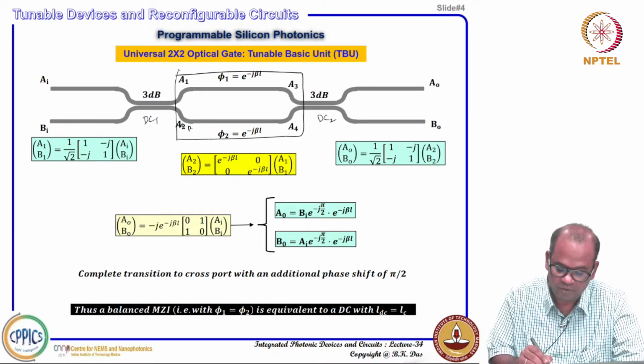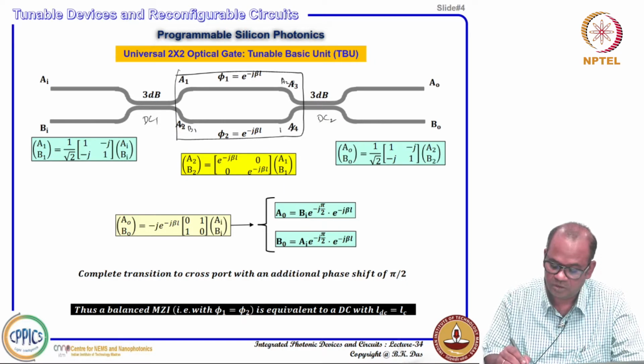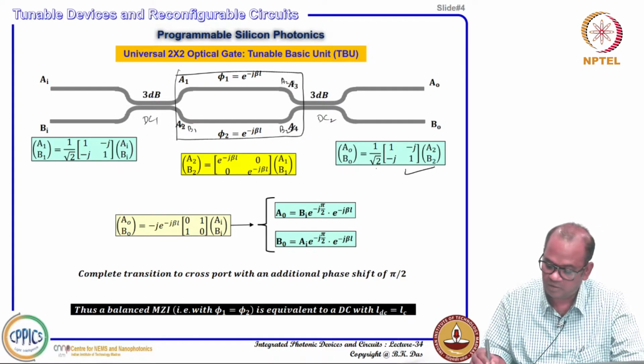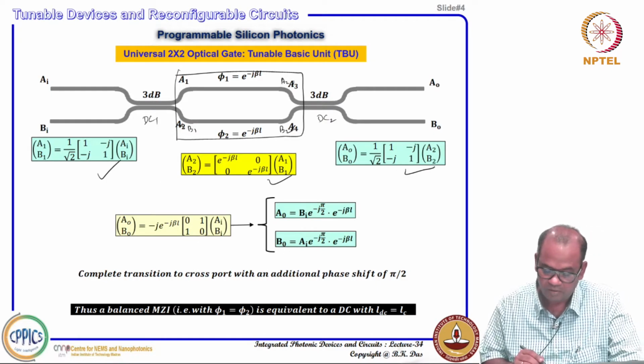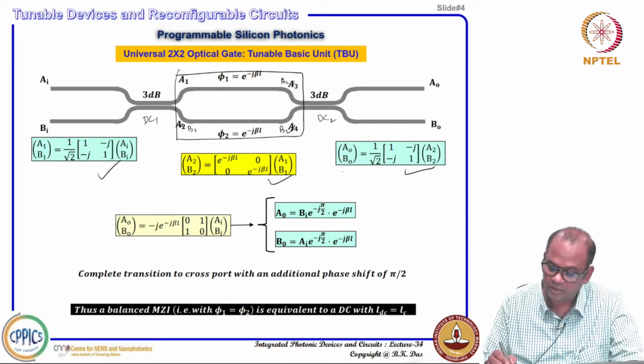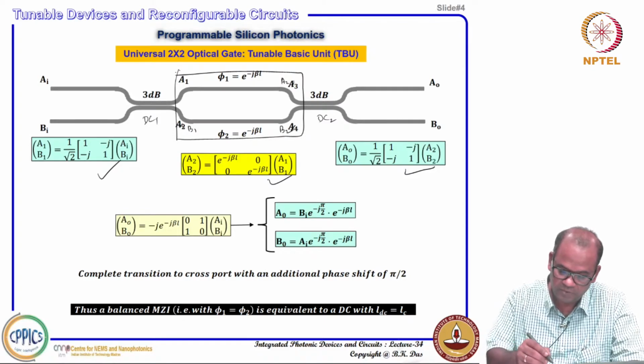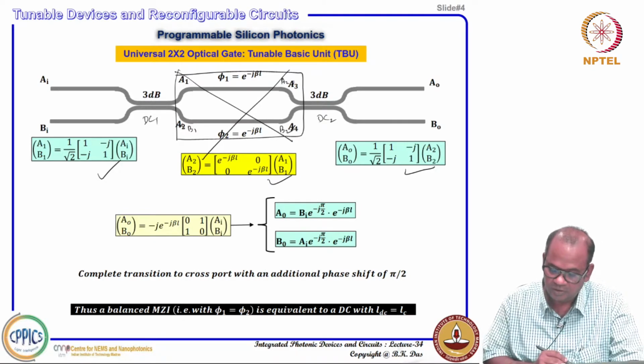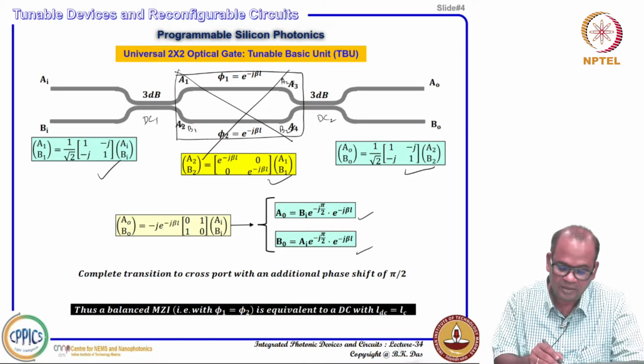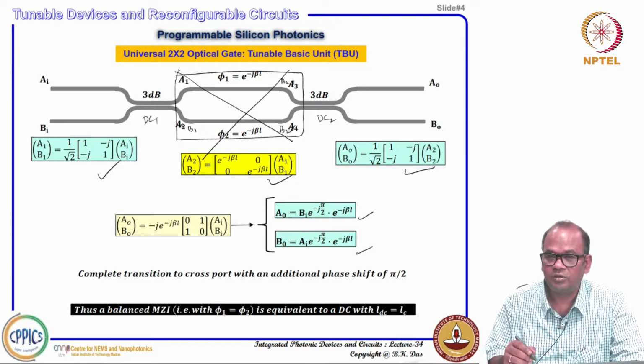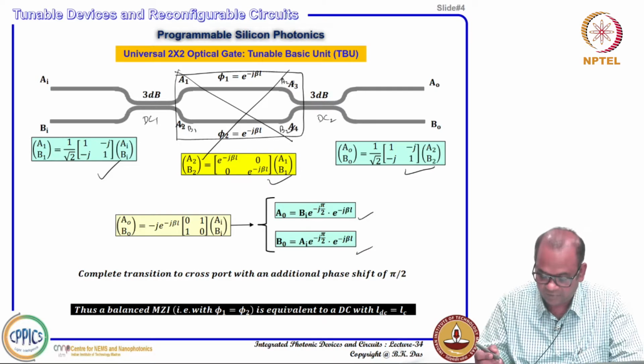Obviously, this will be your B 1, this will be your A 2, this is B 2 according to the annotation, all these expressions we have given. Okay. So, using this again, if this is missing, for example, then whatever you are supposed to get here is exactly like a cross directional coupler with cross coupling length.